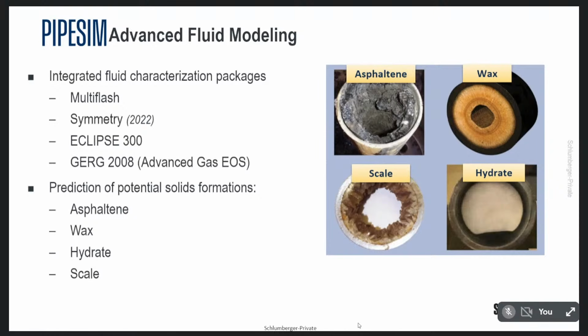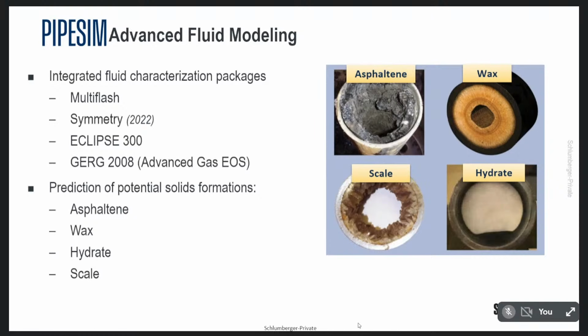As I mentioned earlier, Pipesim is also able to predict potential solids such as asphaltene, wax, hydrate, and scale. And as I said before, we don't predict how much of these solids will form over time, because Pipesim is a steady-state simulator. What we do here with these solids is to assess the potential risk.